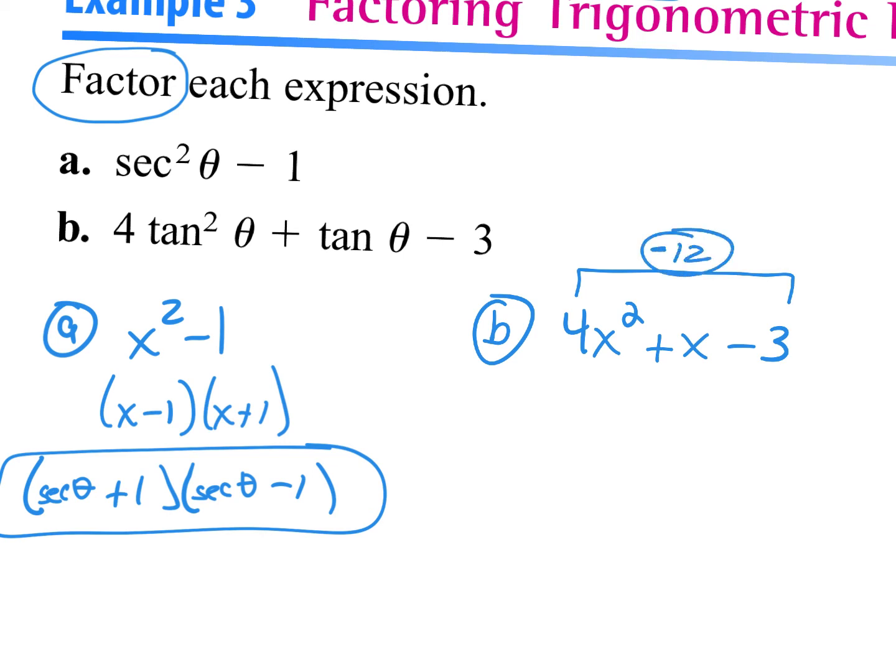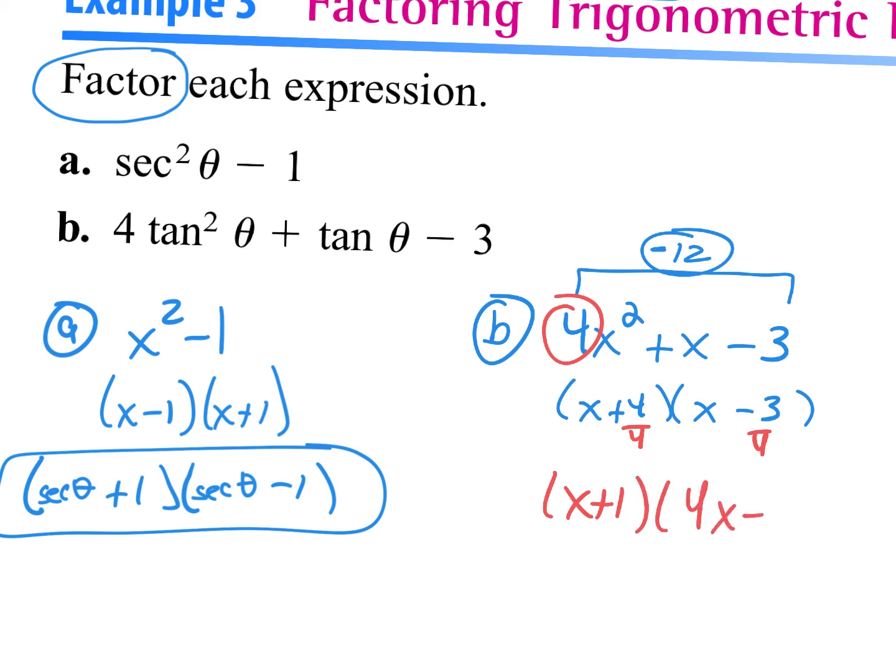Negative 12. What are my factors of negative 12 that multiply to give me negative 12, but add to give me 1? Plus 4, good, minus 3. Since my a term is not 1, what do I do with that 4? Put underneath. So this becomes x plus 1, and this becomes 4x minus 3.